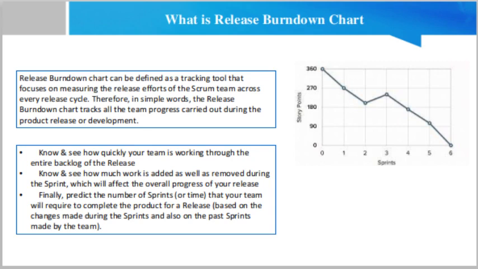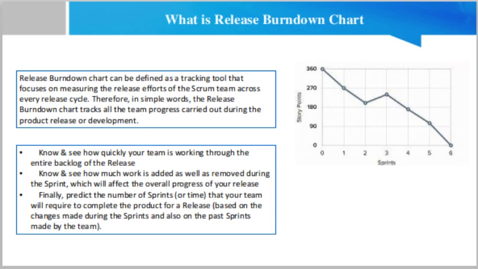By using a release burndown report, you will be able to learn about aspects like: know and see how quickly your team is working through the entire backlog of the release; know and see how much work is added as well as removed during the sprint, which will affect the overall progress of your release. Finally, predict the number of sprints or time that your team will require to complete the product for a release based on the changes made during the sprints and also on the past sprints made by the team.